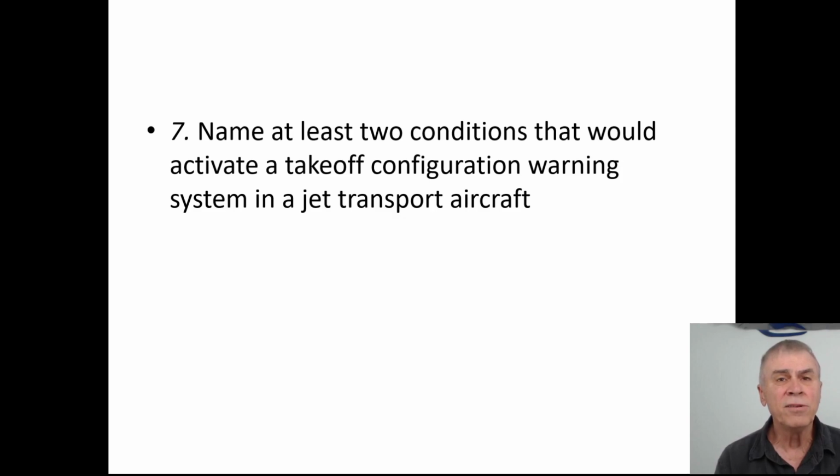Name at least two conditions that would activate a takeoff configuration warning system in a jet transport aircraft. So similar to our other answers. The speed brake is stowed or is not stowed, would activate the warning. The flaps are not in their appropriate condition, like 10 degrees.